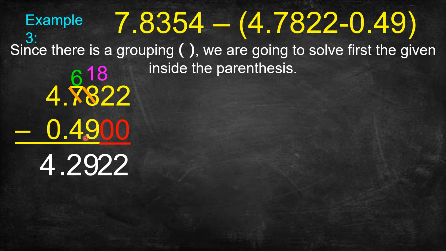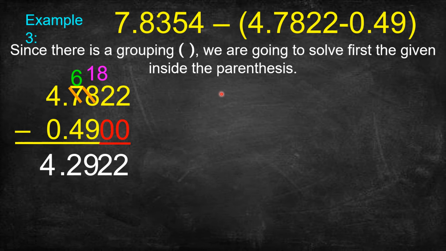So, ito pa lang yung nakuha nating sagot doon sa ating naka-grouping or naka-parenthesis. Meron pa tayong natitira dito sa labas, wherein we are going to subtract 7 and 8,354 10,000 doon sa nakuha nating sagot which is 4 and 2,922 10,000.